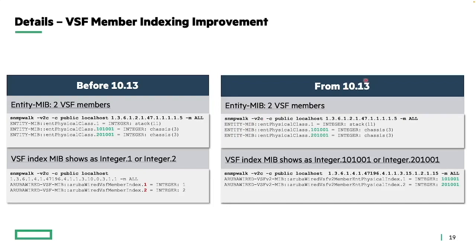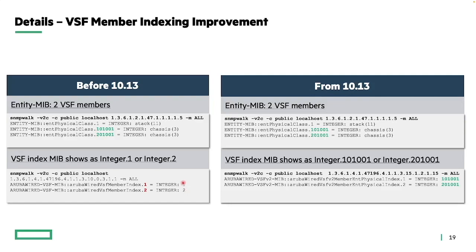Now from 10.13 onwards, we have the entity MIB, which is what you see here, nothing but the one which you saw earlier, and the VSF index MIB, which is under the VSF version 2 folder of the new 10.13 MIB file. You will see that the integer is 101001 and 201001, right?